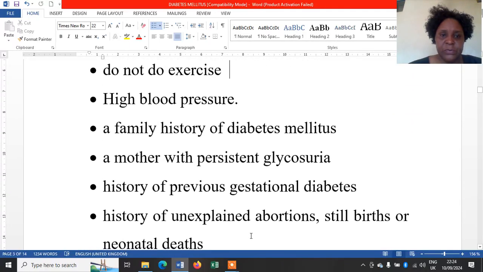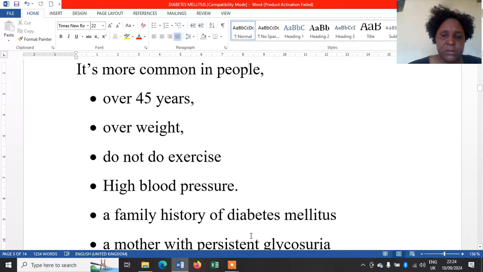So, just to give a simple overview, mothers reporting pregnant when they are over 45 years, a midwife should take caution. Overweight, we have talked about it, do not exercise. Mothers with high blood pressure, they are also prone to diabetes mellitus.